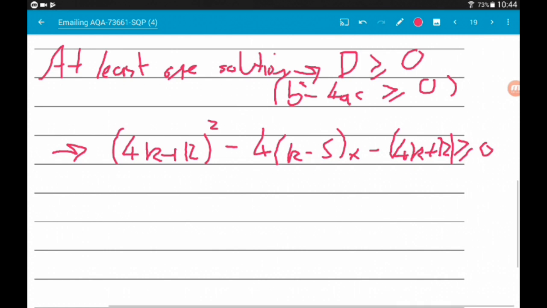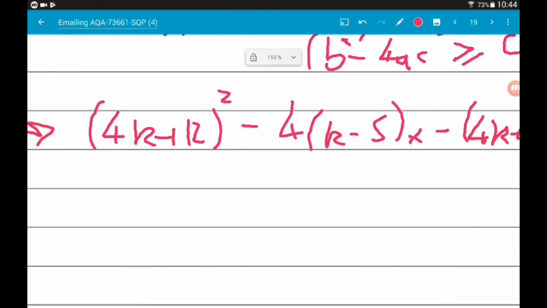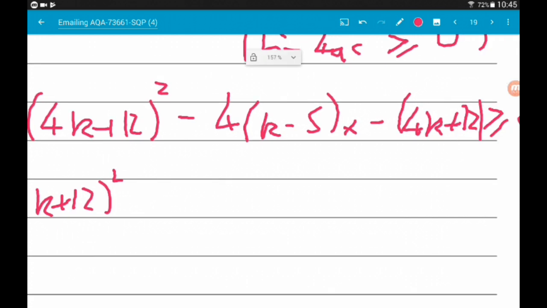So we've got (4k plus 12) squared, now we've got minus 4 times (k minus 5) times (minus 4k plus 12). So we've got a minus times a minus, so this becomes plus 4 lots of (k minus 5) times (4k plus 12).